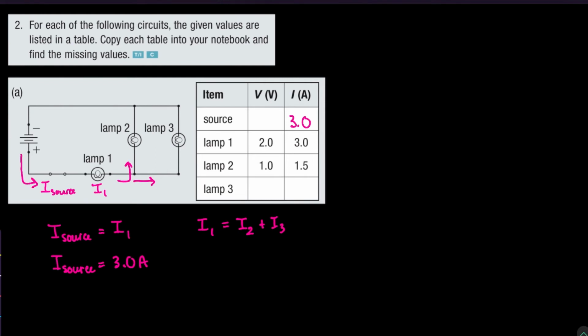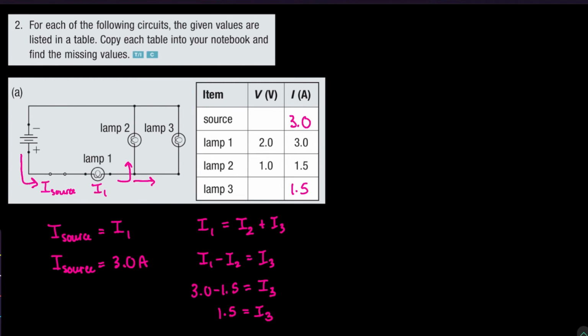And if we look at our table, we have I1, we have I2, and we're looking for I3, so we can just isolate this. So 3 minus 1.5. So the current at the lamp 3 is going to be 1.5 amps. So that takes care of the current.